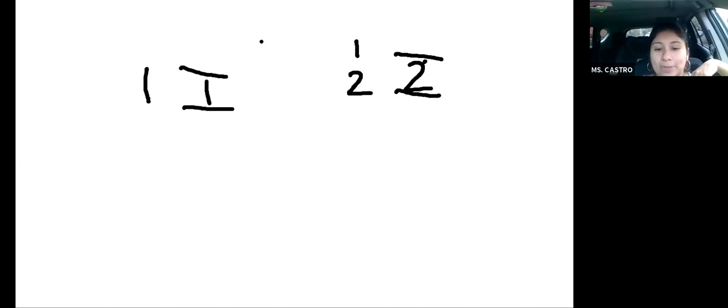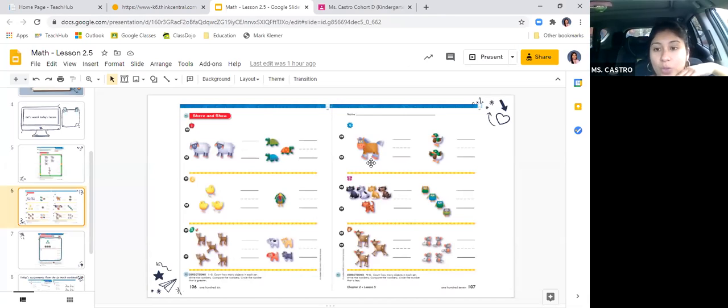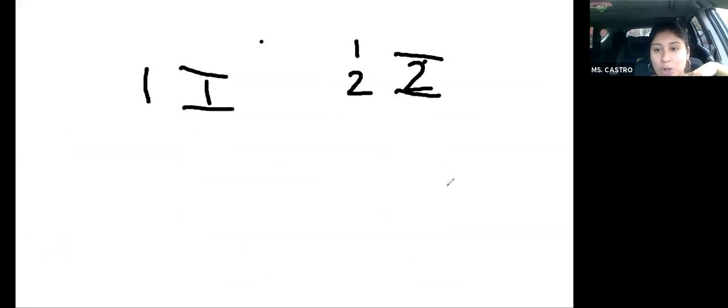Less. So let's look at the picture of your books because this time we're on page 107. So for page 107, we labeled the horse and the ducks.